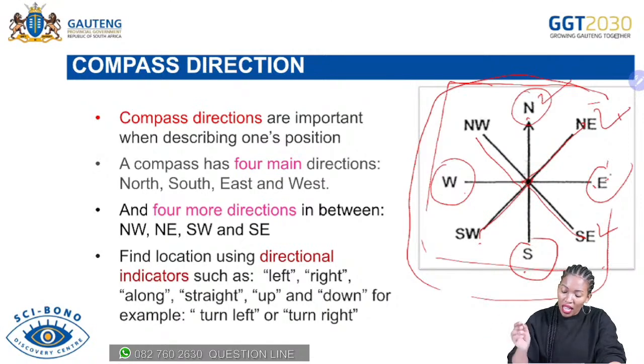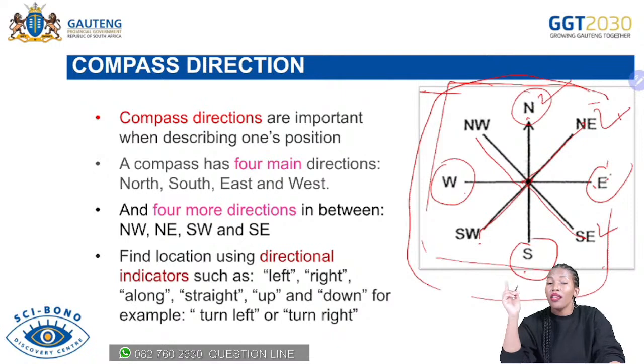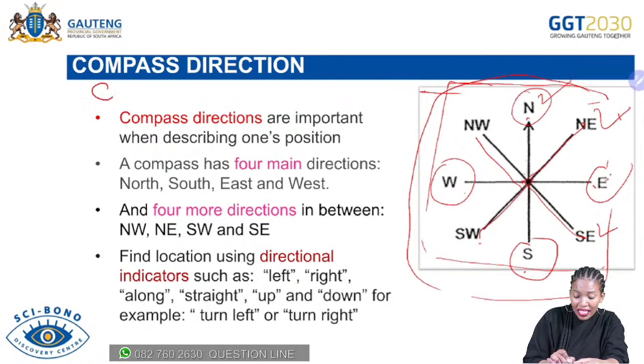So guys, when it comes to the questions of compass direction, you will write a paper 2 question paper with the maps and there's a compass. They will always ask you to give the general direction from one place to the other. The key word there is the general direction.